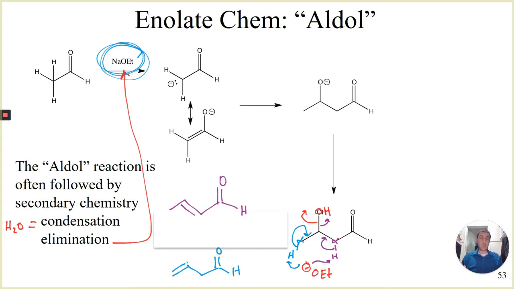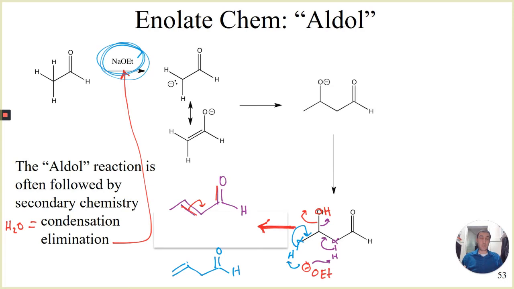Hopefully you can see that the purple one makes a lot more sense as a stable product because we have a more substituted pi bond, and probably the more relevant piece of information, that pi bond is conjugated. That conjugation vastly increases the stability of that final product, making that last step of the reaction incredibly product favored.